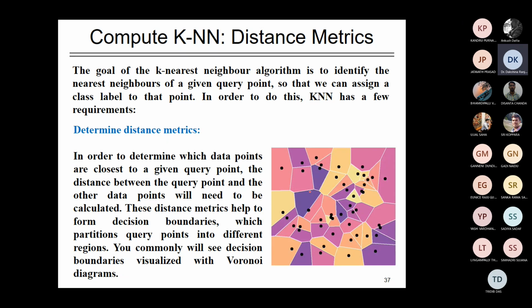These decision boundaries are obtained using the distance matrix. So we can apply different distance metrics to get these boundaries, and this boundary will give us the partitions over the query points. This is called the Voronoi diagram. You can remember this name of the diagram, Voronoi diagram.